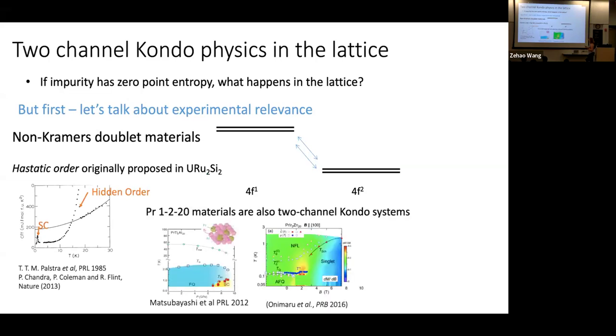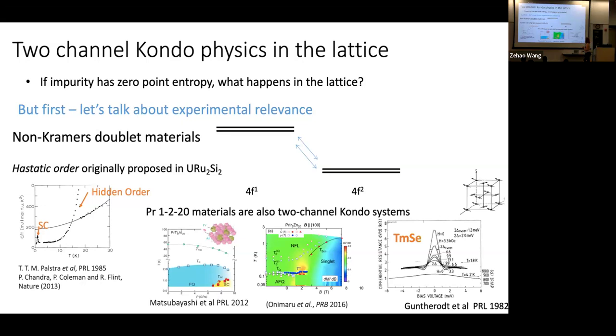It's also been discussed for the praseodymium 1-2-20 materials, which are known to be two-channel Kondo systems with this cubic symmetry, non-Kramers doublet. So they have quadrupolar ordering at ambient conditions, but under pressure and field, there's a green square over the interesting red region that's Fermi liquid-like. Not sure where that came from. But at any rate, there's possibilities that if you tune these, you can get unusual orders.